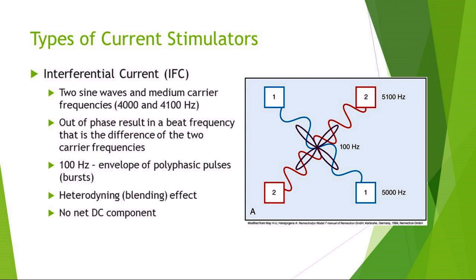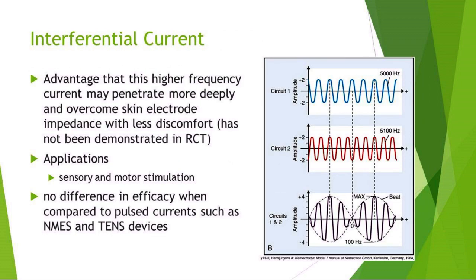There's no net charge, no net DC component, so no charge builds up under the electrodes. And that's what we want for the applications we're using it for. So there's no randomized control trial that says this, but it is thought that the advantage to interferential current is that it may penetrate more deeply and overcome skin electrode impedance with less discomfort.